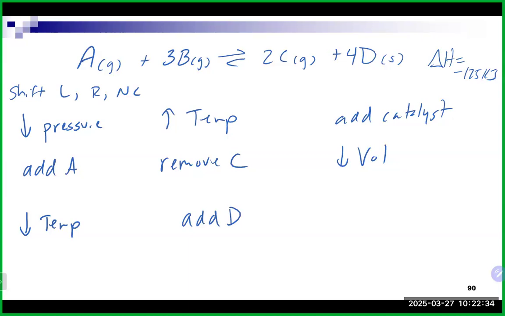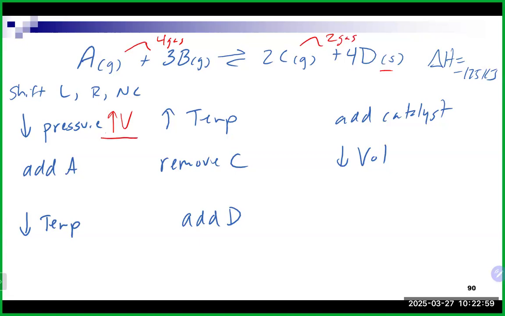Okay, let's take a look. We'll start with the first one, which is we're going to decrease the pressure, which means really our volume is going to increase. So if you think about it in terms of volume, larger volume means more gas molecules. In this case, I got 4 gas molecules over here, and over here, I got 2 gas molecules, as that is a solid, right?